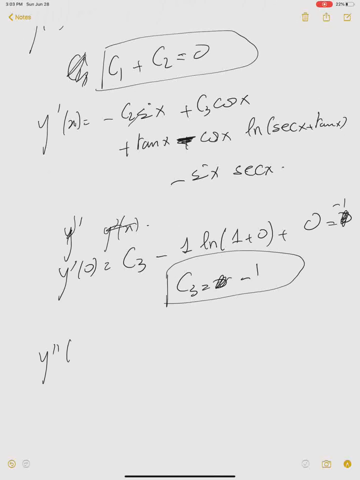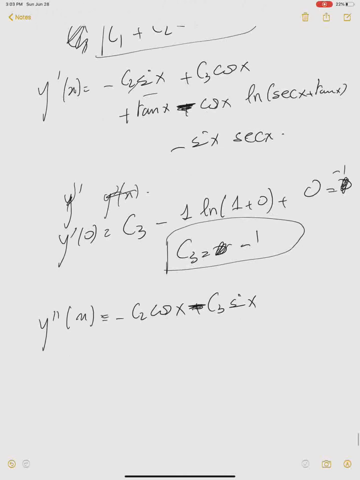Now I need y double prime of x. So I differentiate this again. We get minus C2 cosine x plus C3 sine x minus C3 sine x plus the derivative of tangent x, plus 1 over cosine square x minus, now the derivative of cosine x is what?